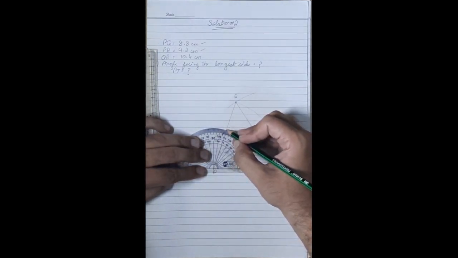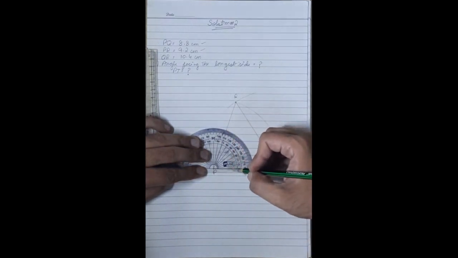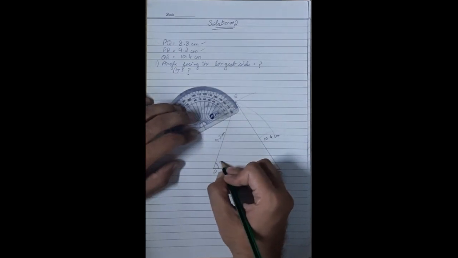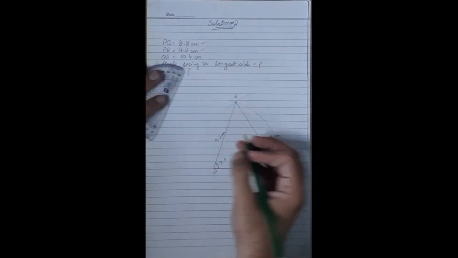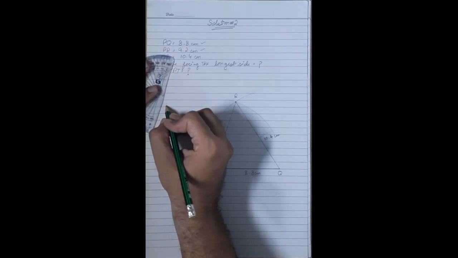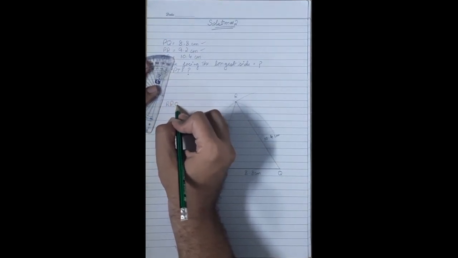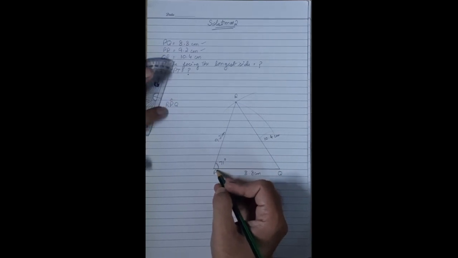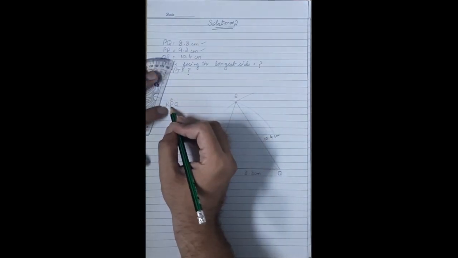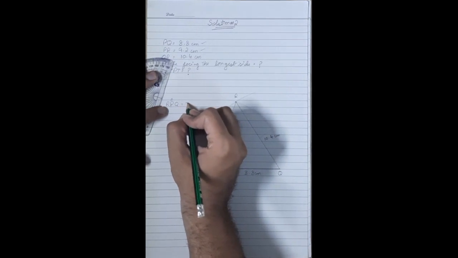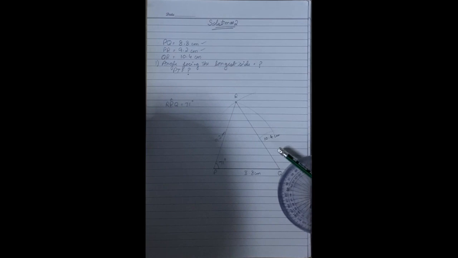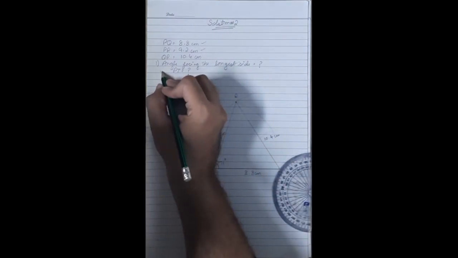It is 71 degrees, 0 on the baseline, the inner one, and here it is 71 degrees. I can write it as RPQ, P in the center, because where we make the angle, that alphabet comes in between, and this is 71 degrees.